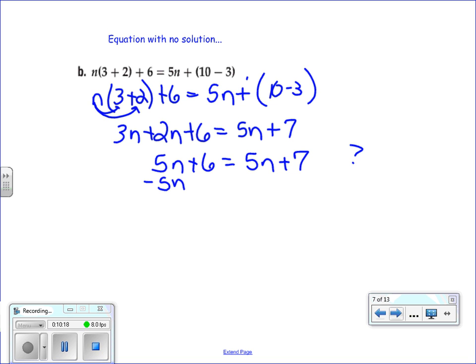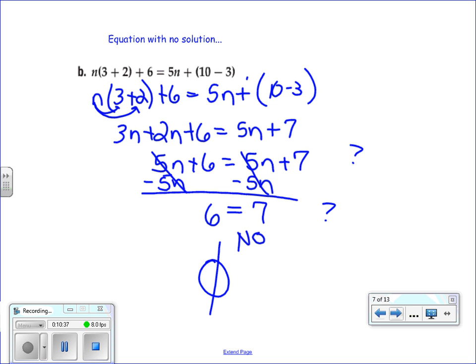Let's get our n's together. So we're going to subtract 5n from both sides. The 5n's cancel out. What do we have left? 6 equals 7. Will 6 ever equal 7? No. So there's no solution. And that's the mark you make to show no solution. Do you remember that? No solution.